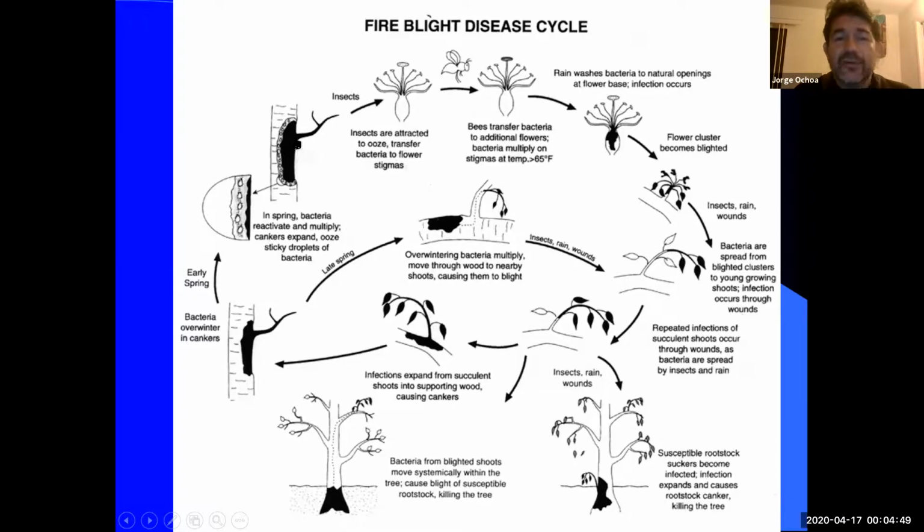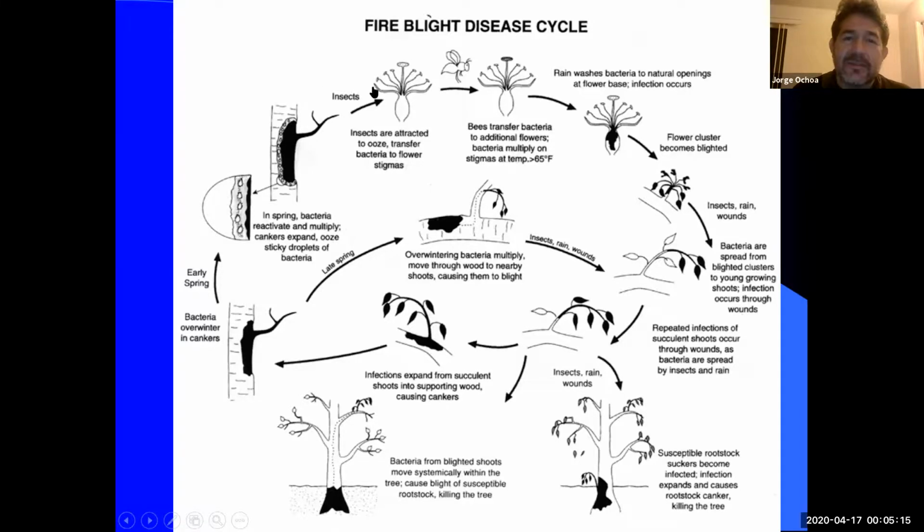The bacteria is going to ooze out of those cankers in golden-colored, honey-like droplets. The droplets are going to attract bees, which think it's honey. And once the bees begin to walk around and eat this ooze, they're going to be completely infected with this bacteria.